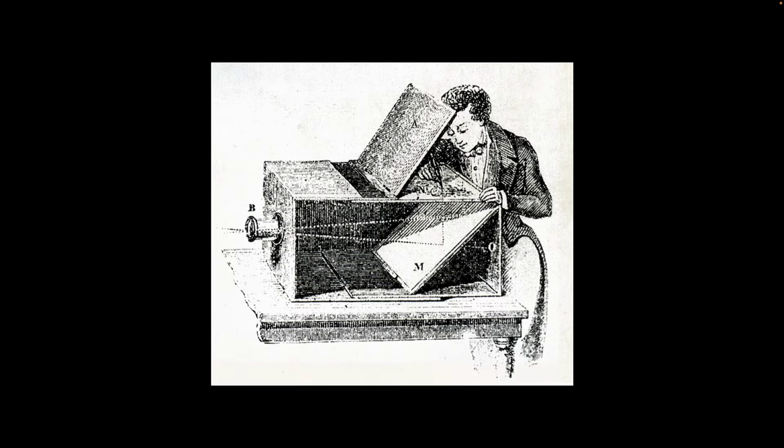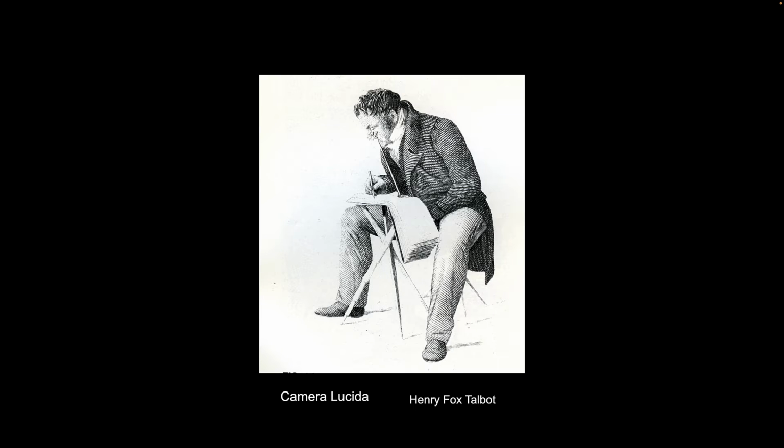And the camera obscura was invented in the 6th century by an Arab. And what the optics allowed you to do was to get a more accurate representation of what you were looking at, and you could put down on paper.